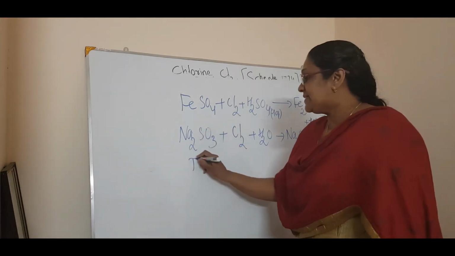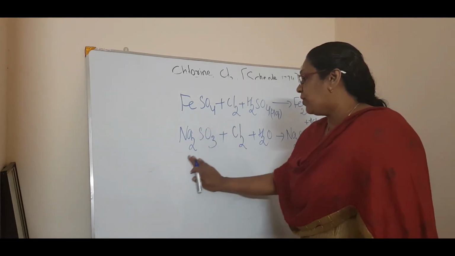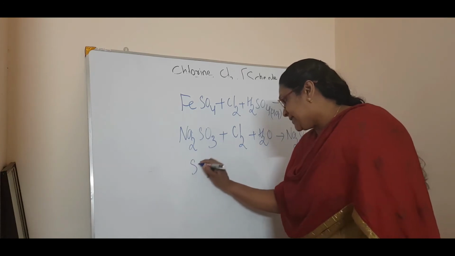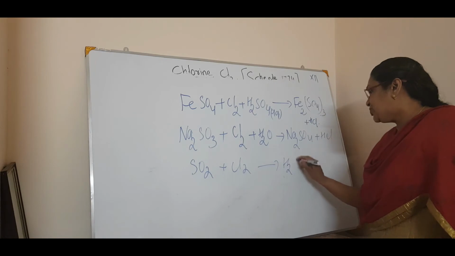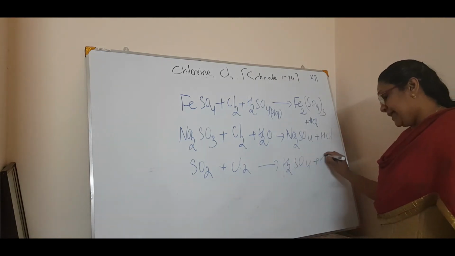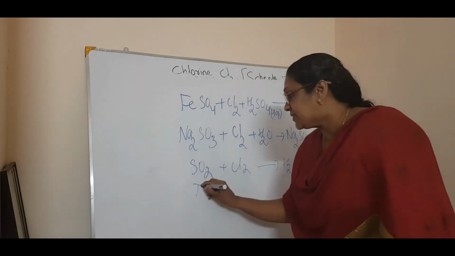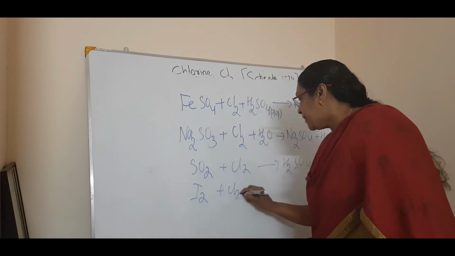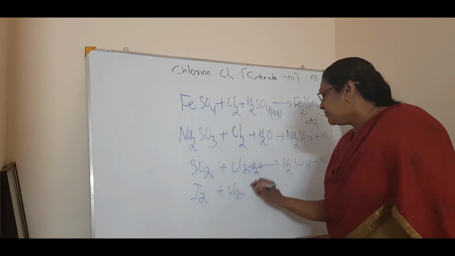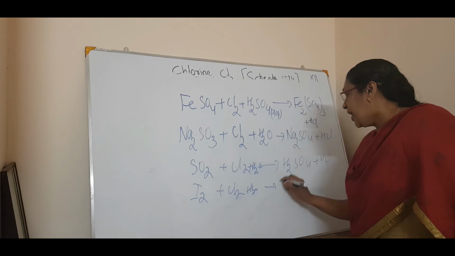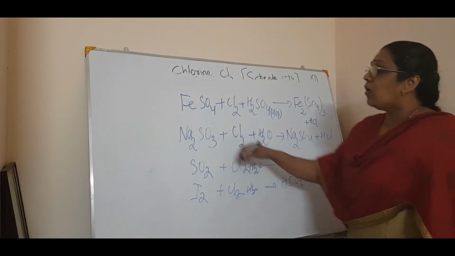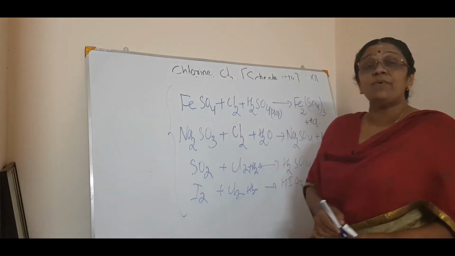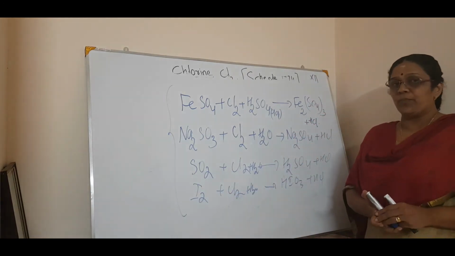Again, it oxidizes sulfur dioxide to sulfuric acid, that is H2SO4 plus HCl. Or it oxidizes iodine plus water to give you iodic acid, HIO3 plus HCl. See, all these are examples of the oxidizing property.